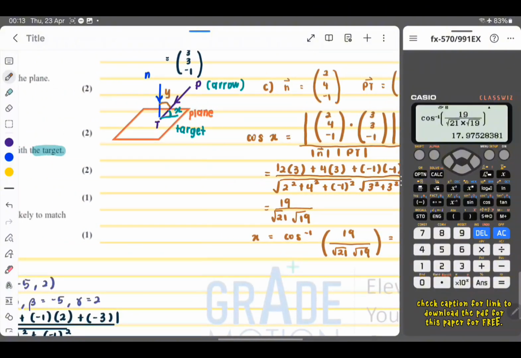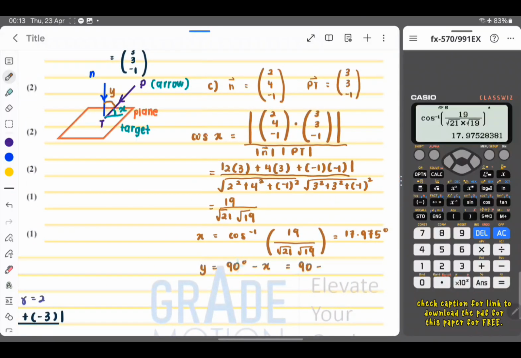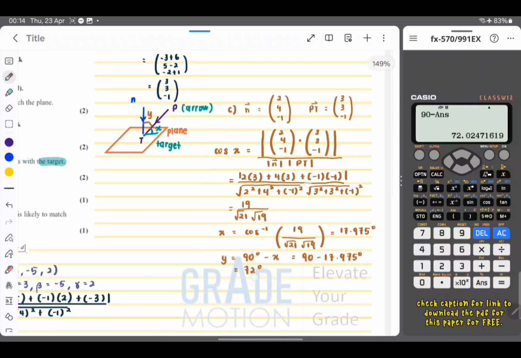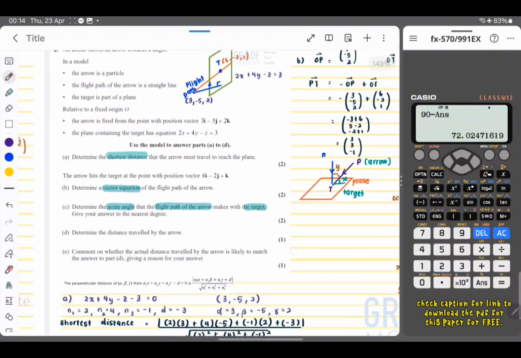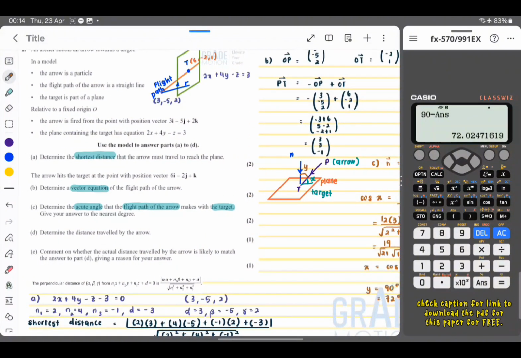What we want to find is y. Because this is perpendicular, y is 90 minus x, which is 90 minus 17.975. So 90 minus answer, we will get 72 degrees. That's it. Done with C. Moving on to D.